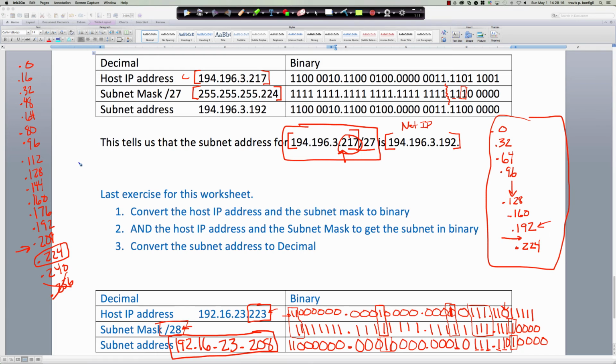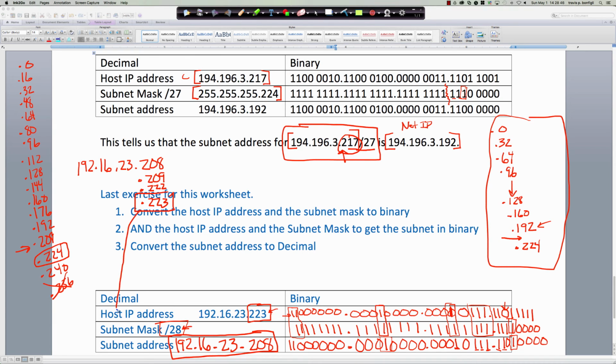So the subnet ID is going to be 192.16.23.208. So the first usable IP is going to be .209. However, the last usable IP is going to be what? Exactly, 222, because my broadcast address is going to be that 223.